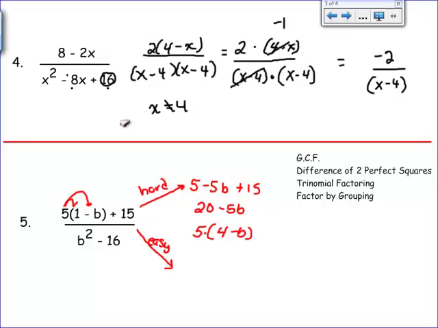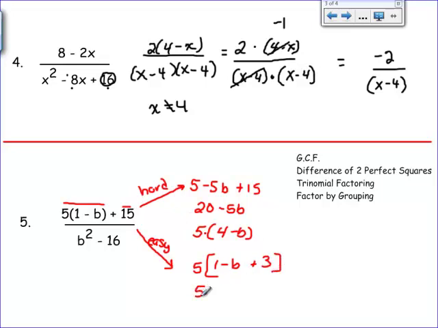I look at this and I see I have one term and I have another term. So I'm going to factor out a 5. And I'm left with 1 minus b plus, and if I factor a 5 out of 15, 3.